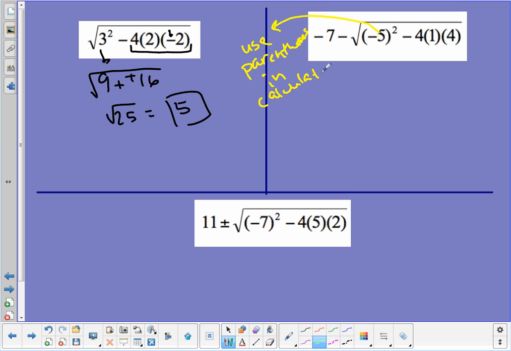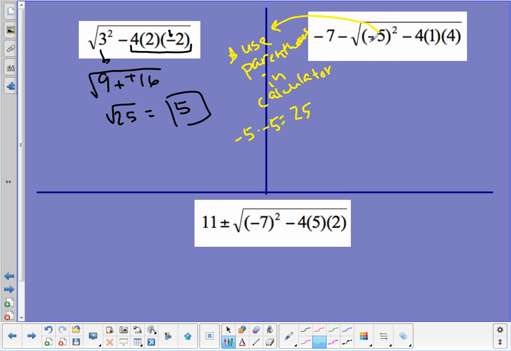If you don't use the parentheses, the calculator will square the 5 and then multiply by negative 1, and it'll tell you that the answer is negative 25. But we all know if we take negative 5 times negative 5, I get a positive 25. So make sure that you use parentheses when you type that into your calculator.